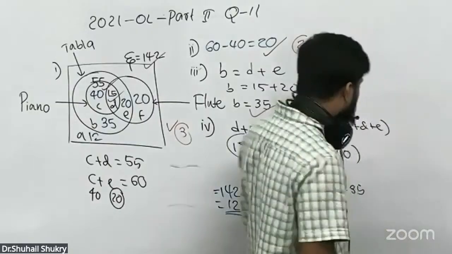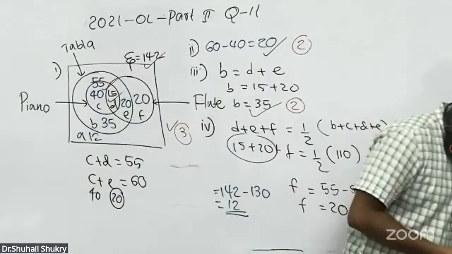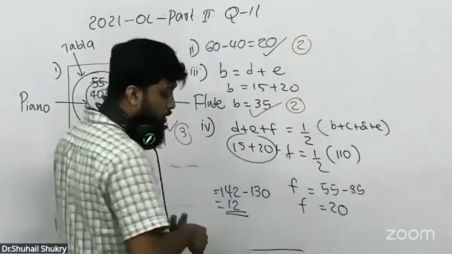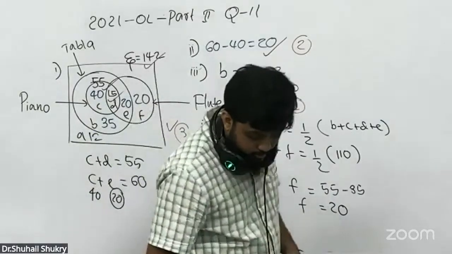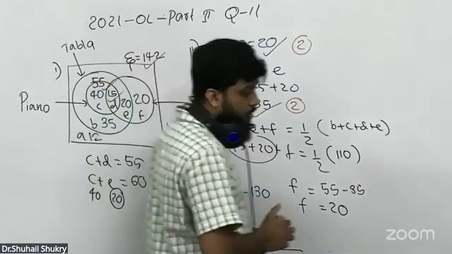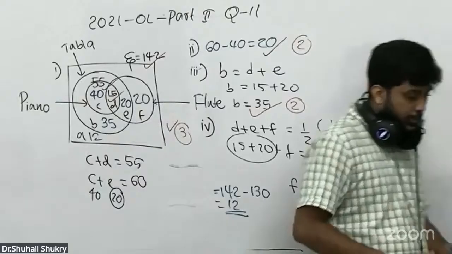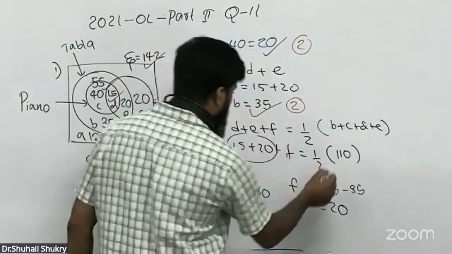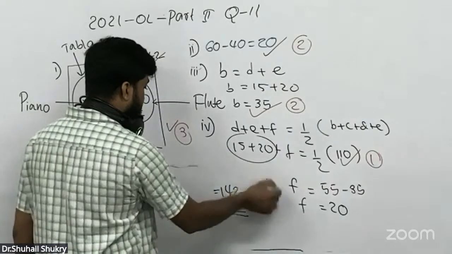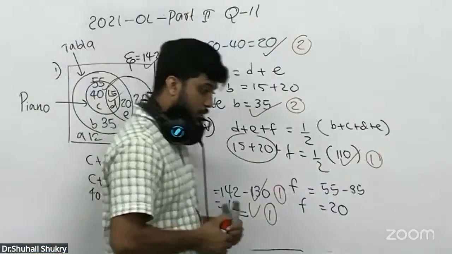Then for finding how many people are playing tabla, for getting this 110, they have given 1 mark. For writing this minus, 1 mark, and for getting 12, 1 mark. That's how they have given all 10 marks for this question.